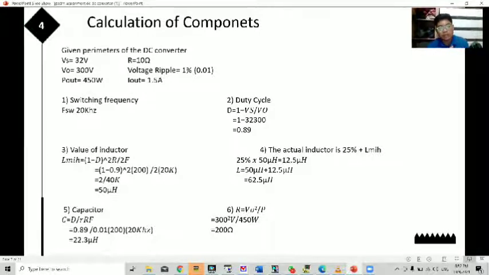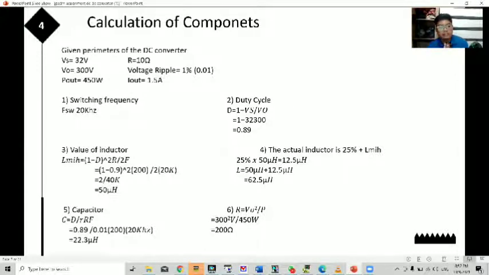Our V out is 300 volts. Our power out is 450 watts. The resistance given is 10 ohms. Our voltage ripple is 1%, and our I out is equal to 1.5 amperes.